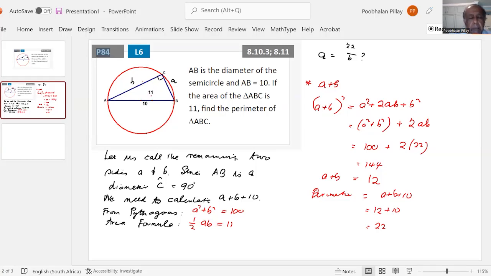Okay, now AB is a diameter. So straight away, we've got a configuration. You've got a circle, you've got a diameter, and something should strike you straight away: the angle in a semicircle is a right angle. In other words, if you've got a diameter of a circle, consider the angle that diameter subtends at the circumference.